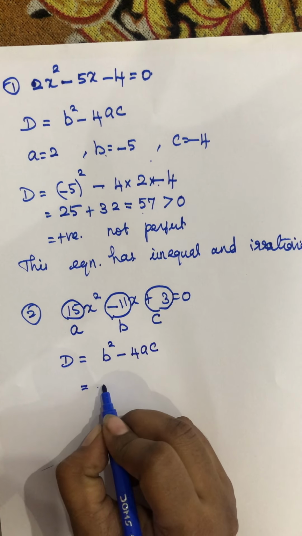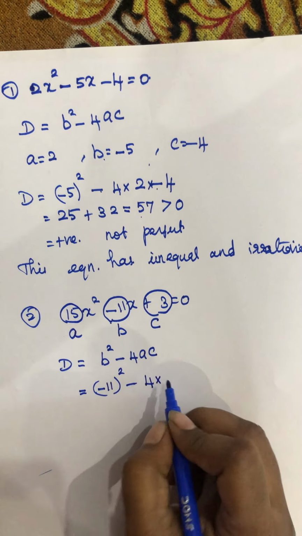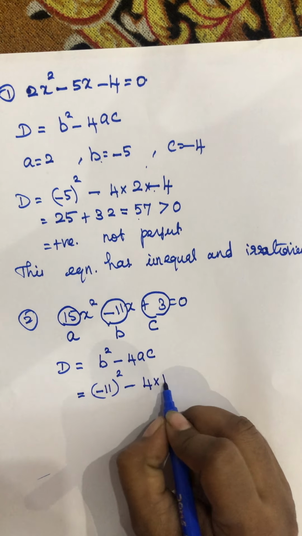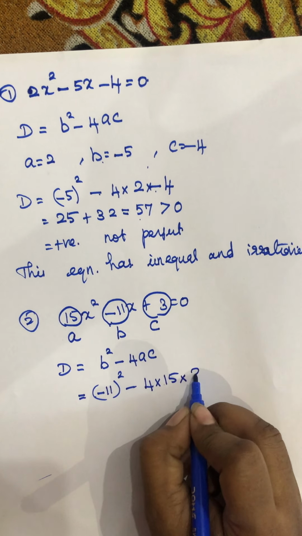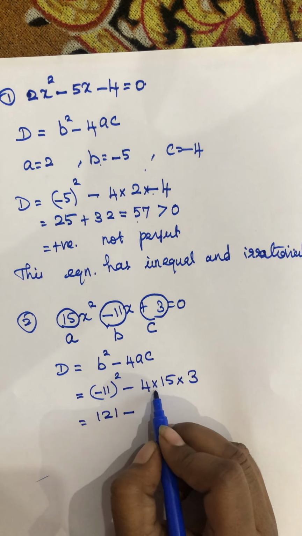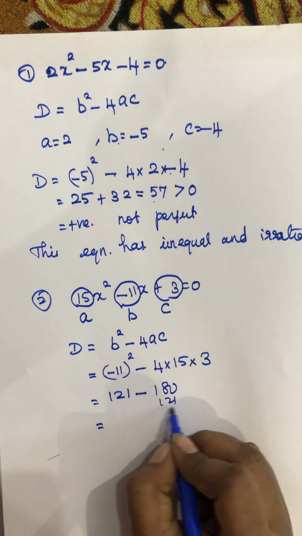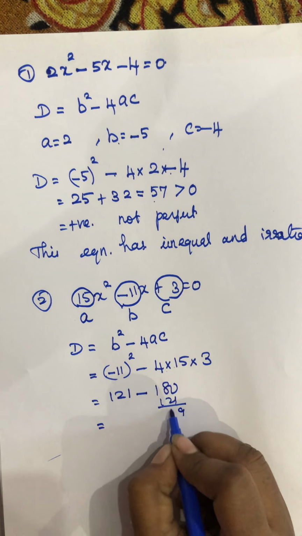Again the discriminant is b² − 4ac. What is your b? That is (−11)² − 4 times a, which is 15, and c is 3. So this is 121 − 180. If you subtract, you get −59.